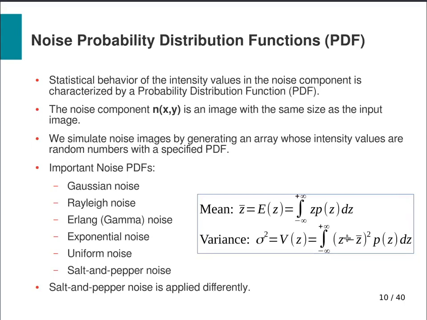So now, based on these, let's talk about some of the properties of the noise. We can model the statistical behavior of intensity values in the noise component of the degraded image by a probability distribution function, or a PDF. This noise component is going to be an image with the exact same size as the input image.